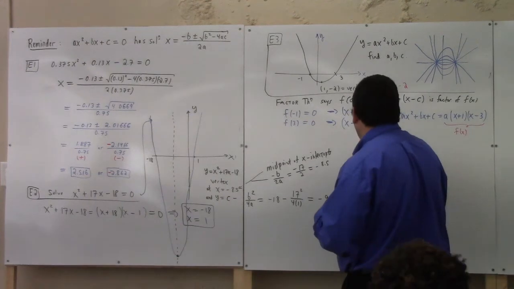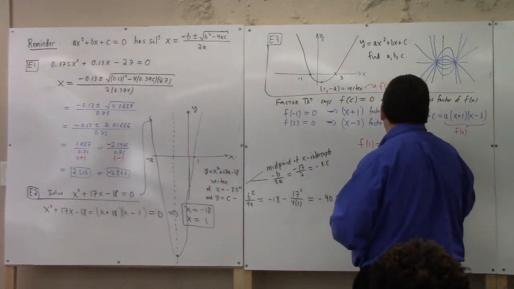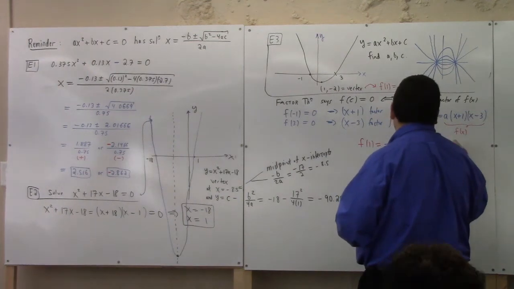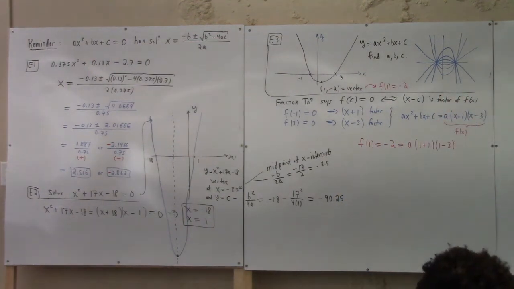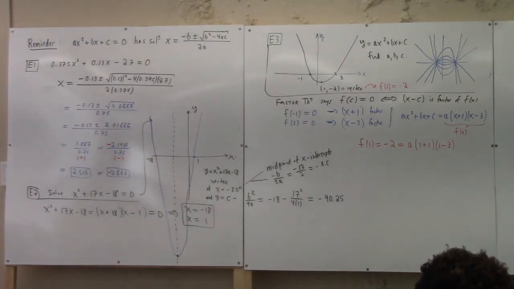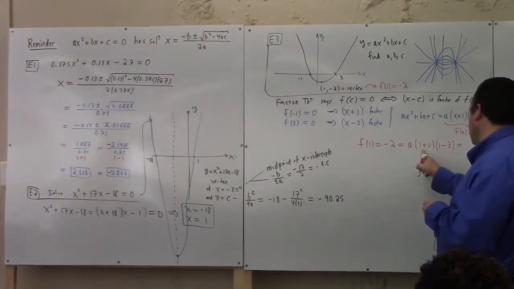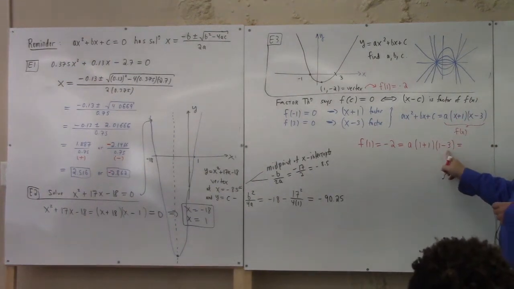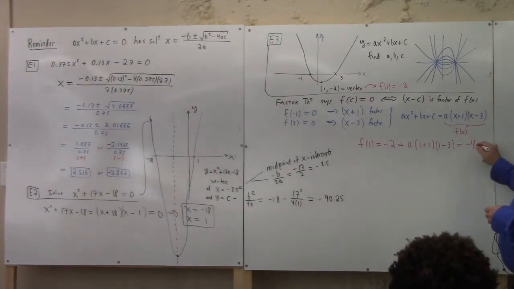So f of 1 is equal to minus 2, but it's also equal to a times 1 plus 1 times 1 minus 3, right? Aha, now we've got it. We can solve that for a, and that will give us the answer. Well, we still have a little bit more work to do, but let's solve for a. We got 2 times minus 2, which is minus 4, so we've got minus 4a.